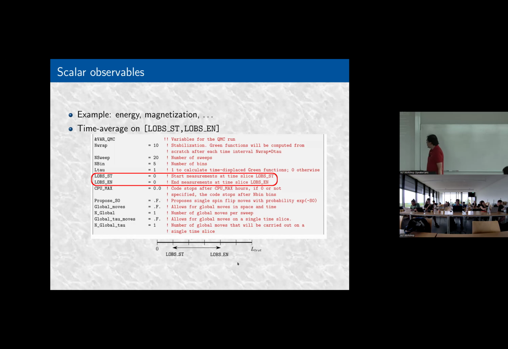You can control in the parameters file when in these slices the Monte Carlo measurements are done. Usually you would like to have the scalar observable averaged at each slice in the imaginary time, so that you have an improved average value, but it is also possible to decide the starting point and the end point of the measurements of scalar observables by indicating the parameters LOPS start and LOPS end in the parameters file.